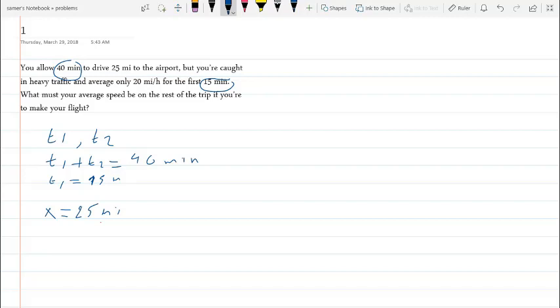This is the total distance that you have to drive to reach the airport. We have two distance segments, x1 and x2, corresponding to t1 and t2, and x1 plus x2 is simply 25 miles.